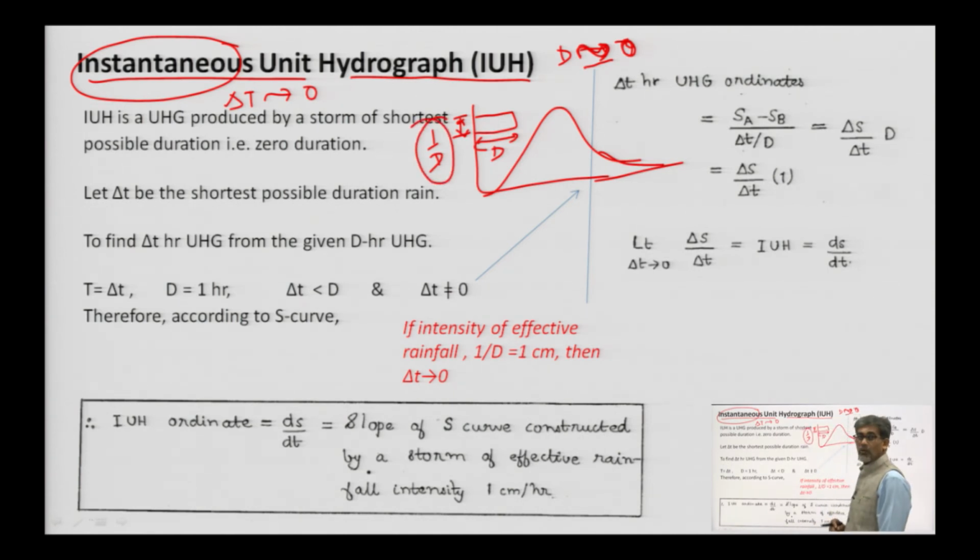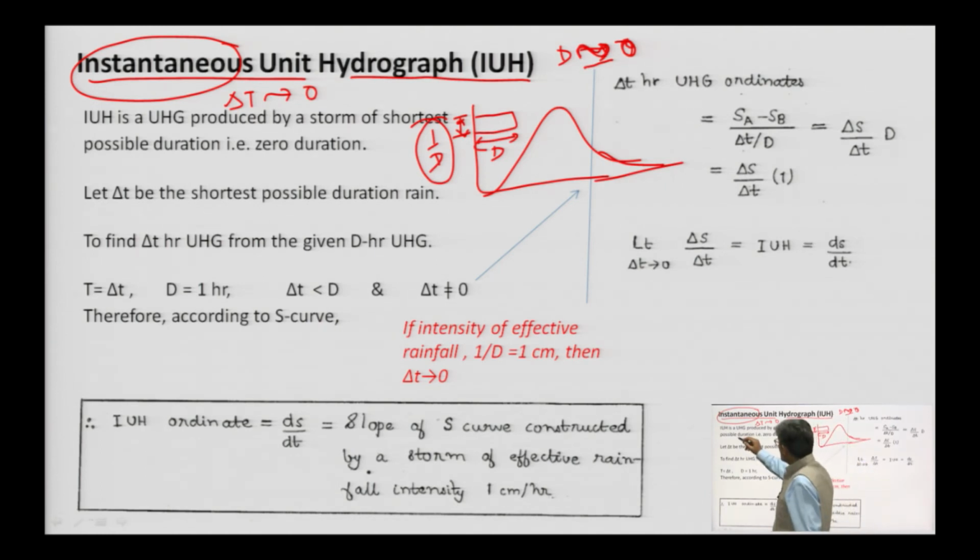So what is the objective behind this IUH? The objective is only that if sudden rainfall is available to any catchment, then what will happen and what we should do. This is the objective behind that.